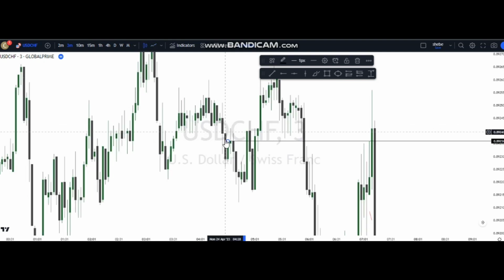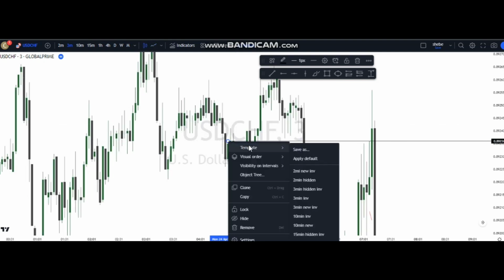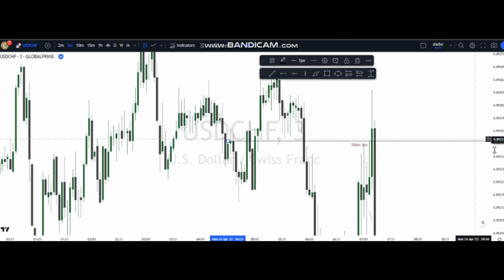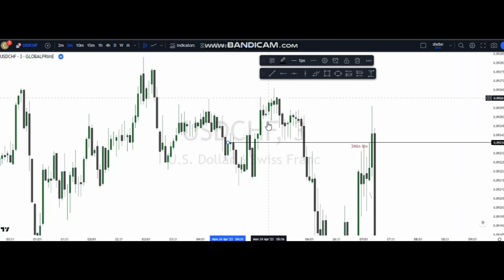What next? Then this makes this point our 3 minutes invalidation point. Like I said, this point is not available due to what? When the price came to close, it closed with a wick, hence this becomes invalid. So what next? From this candle over here becomes invalid. And why am I not saying that this was maybe hidden?